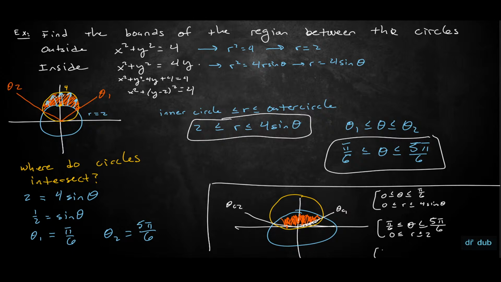And then from 5 pi over 6 to pi, I would say r goes from 0 to 4 sine theta again. So it's like you have 3 different regions you have to talk about.